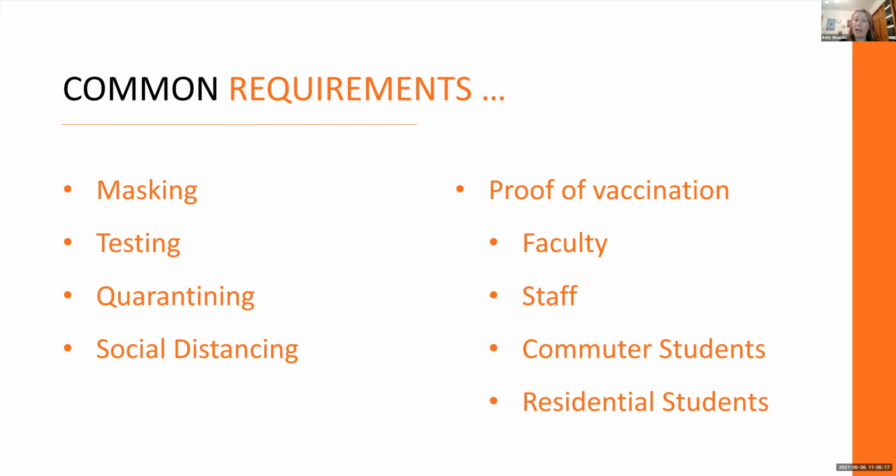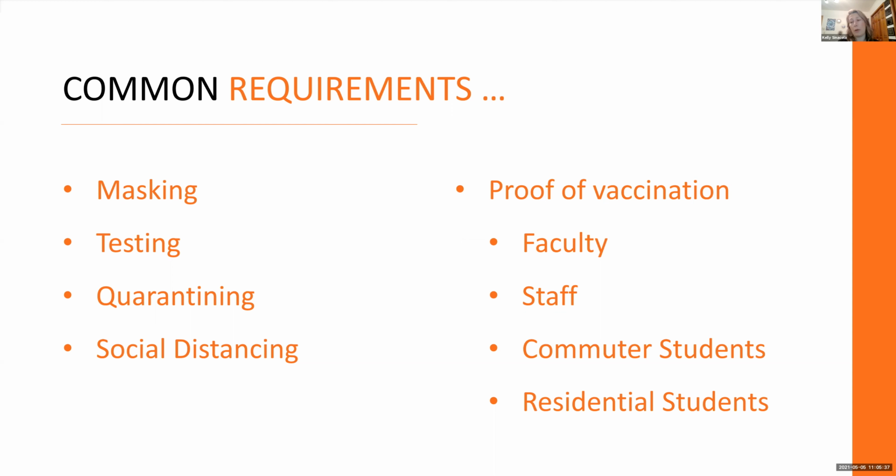So common requirements that we're seeing so far as folks look to return to campus or have returned to campus are things like wearing a mask, requiring testing, quarantining, of course, social distancing, and we've seen all sorts of creative classroom layouts in order to enforce social distancing and lots of different classroom orientations.